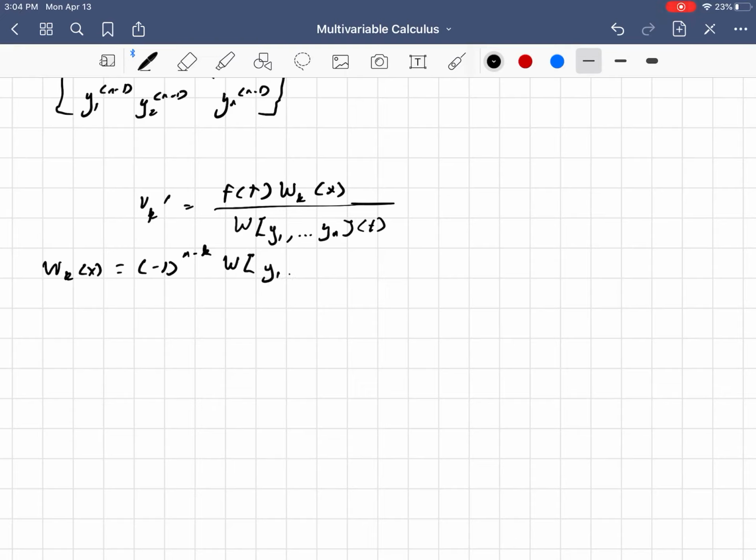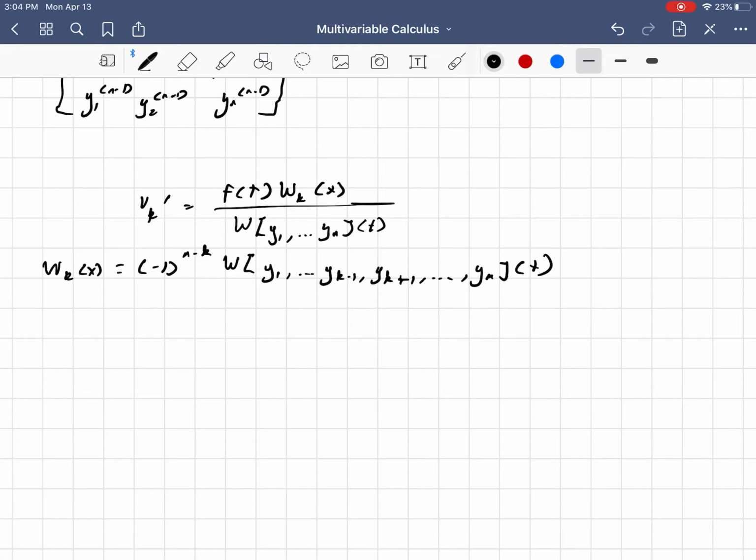So w sub k of x would be -1 to the n minus k times the Wronskian of everything from y sub 1 to y sub n, but just not including y sub k, because that's the column we're doing a cofactor expansion on. So that's what w sub k is.